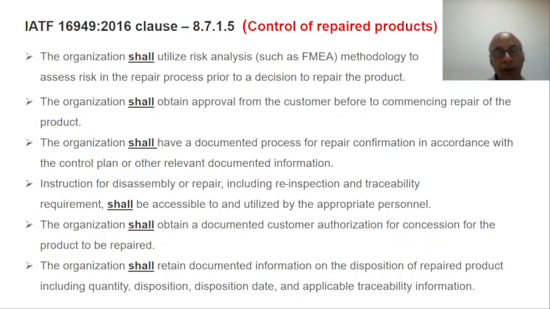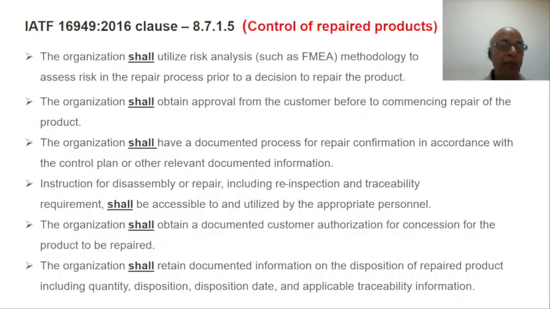Now the organization shall obtain approval from the customer before commencing repair of the product. You need to get the approval in documented form from the customer. Now the organization shall have a documented process of repair. After getting the approval, there is a well defined, documented process of how we are going to carry out the repair activity with the control plan or other relevant documented information.